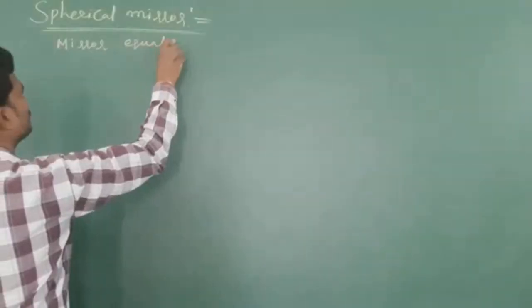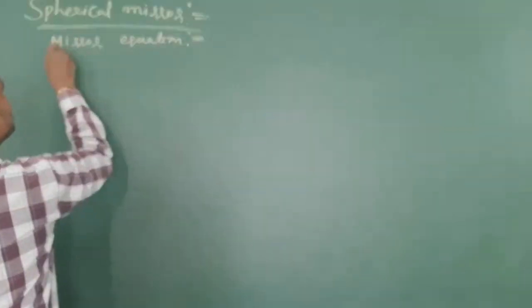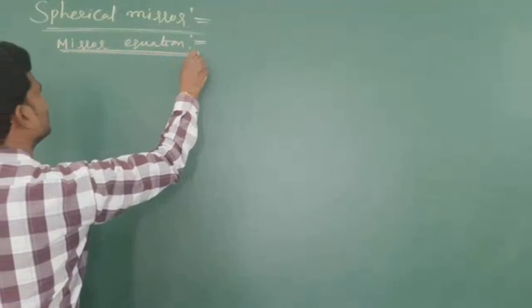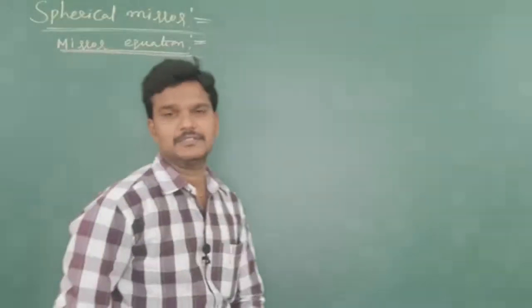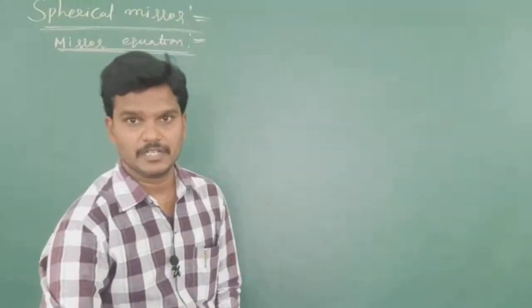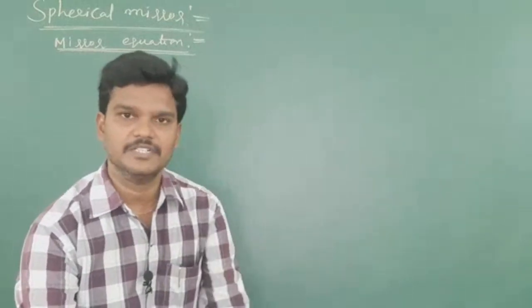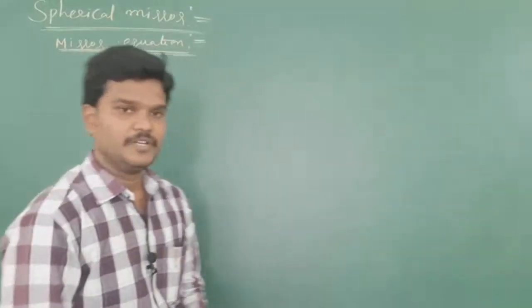Only the formula is important from the entrance exam point of view; derivations are useful for your subjective exams. Those who are attempting board exams, for them derivation is important. So remaining students have to see the formula.